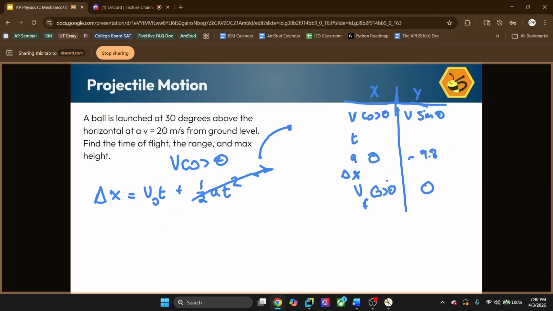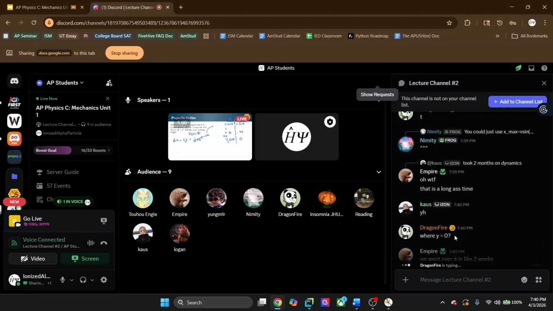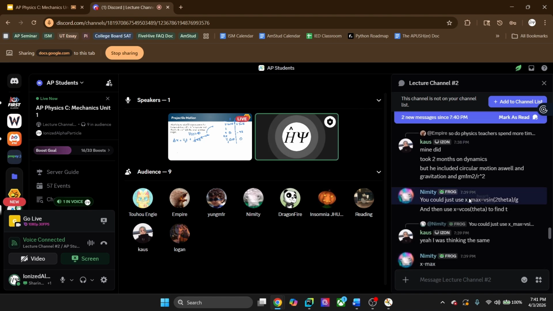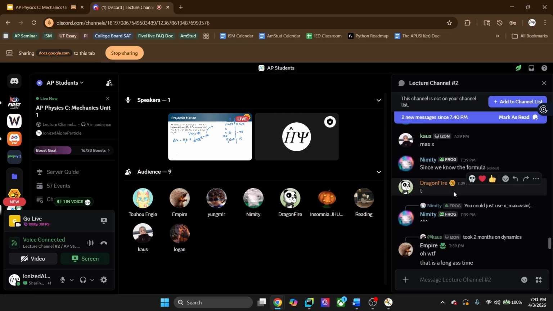And we don't know the range, so we can't really find the t just yet. So the first thing is to solve for t. And that is done. Are there any questions?